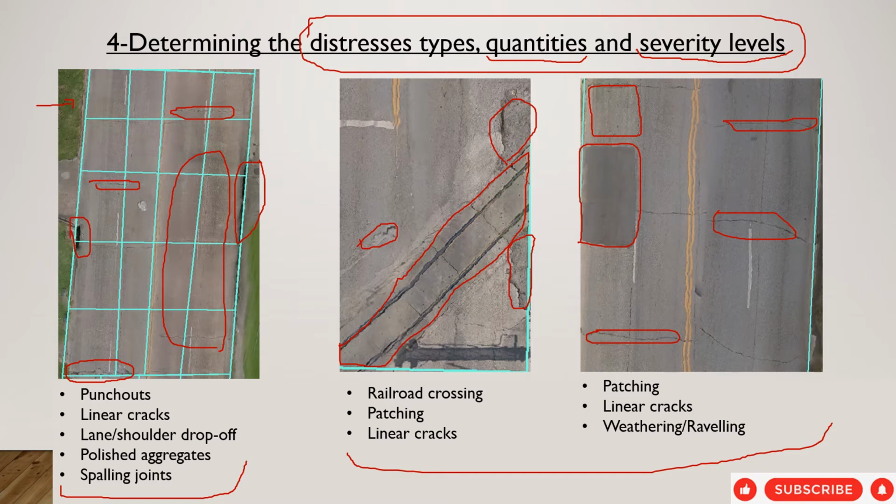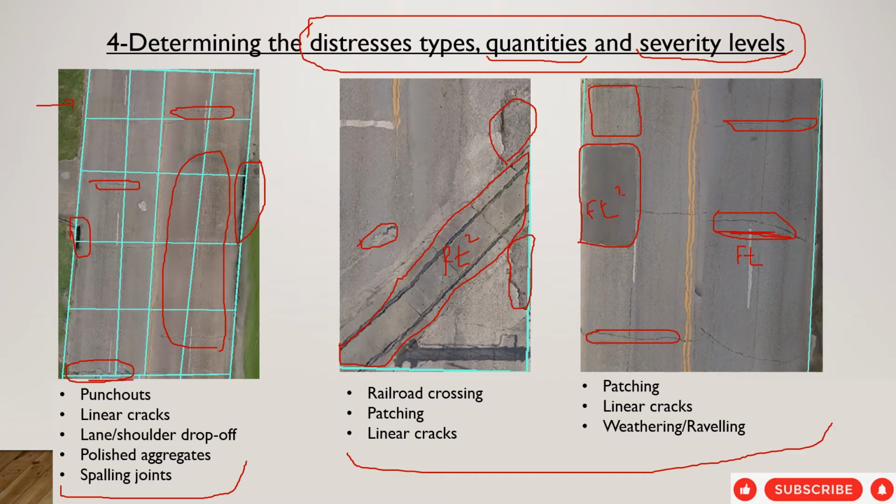So for example here, linear cracks are measured by feet, and the severity is determined by the width of this crack. For patching, the severity level is determined by the visual inspection and the age of the patch, and the quantity is measured in square feet. The same applies for the railroad crossing. It is measured in square feet.